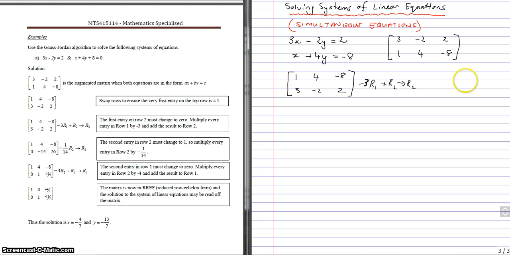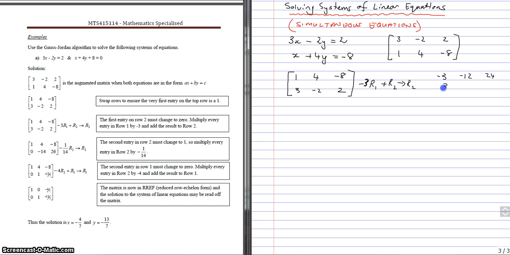It's a good idea over the right hand side when you're working through it to do the operations. It's easy to make numerical errors. So multiplying each of these elements or entries by negative 3, we have negative 3, negative 12 and 24. We're going to add that to the second row.